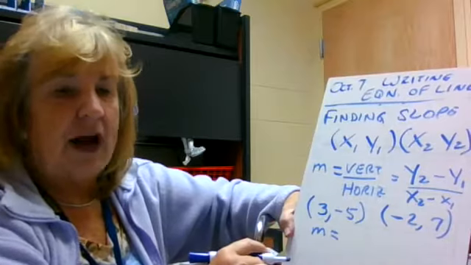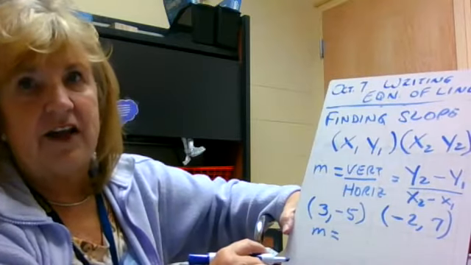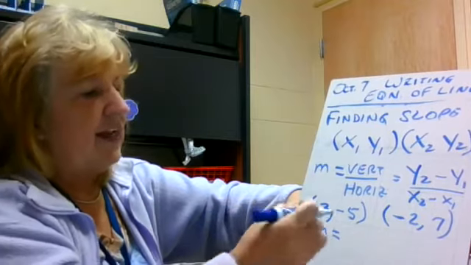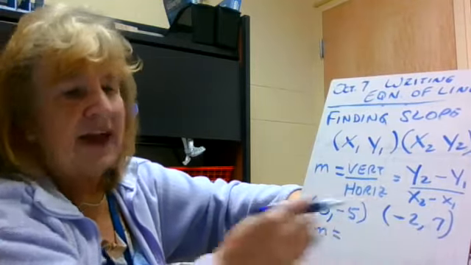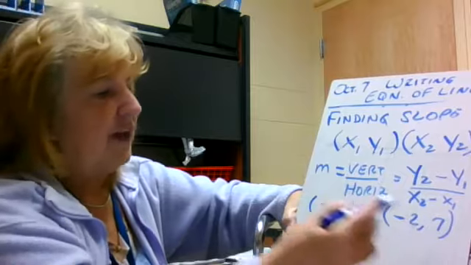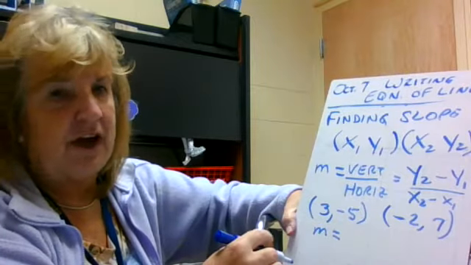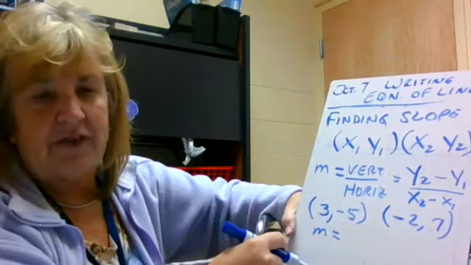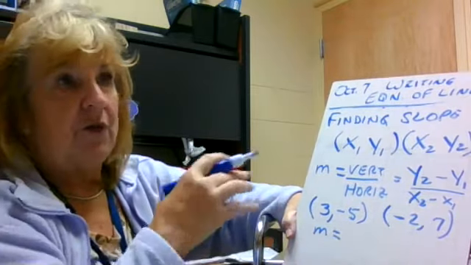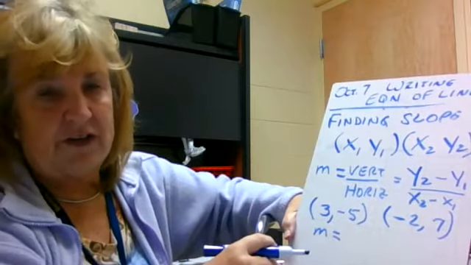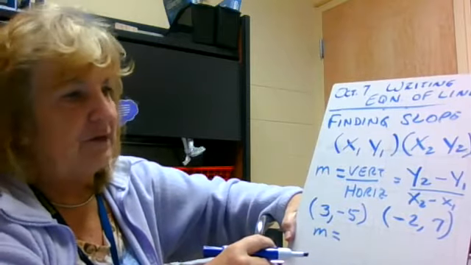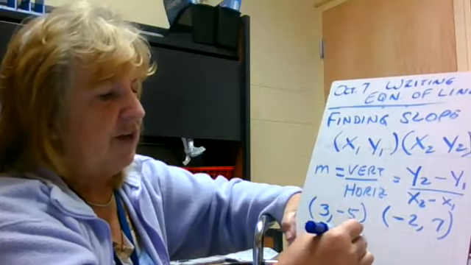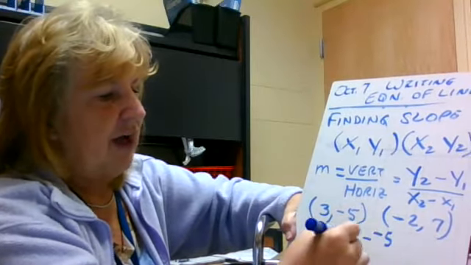So we're going to do the y's first because that's the vertical movement. So I can either do negative 5 minus the 7 or the 7 minus the negative 5. It doesn't matter. Most people like the positive number to be first. So when you're doing the top, you have a choice. When you do the bottom of the fraction, you don't. So I can put the 7 first. 7 subtract negative 5.